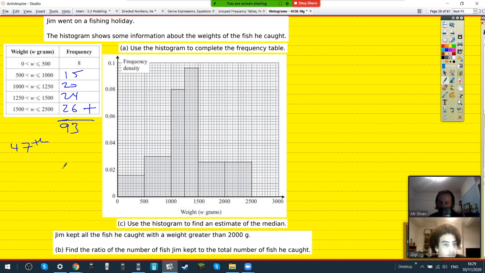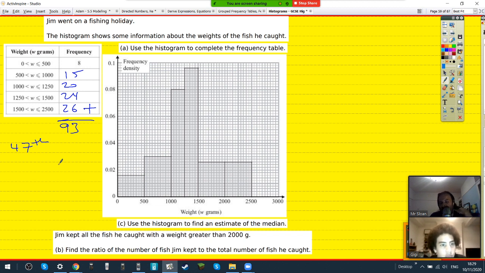And 47 would be in the first, what's it called? Have we already found the estimate of the median? No, we want the estimated weight. So it's like the 47th fish. What is its weight?